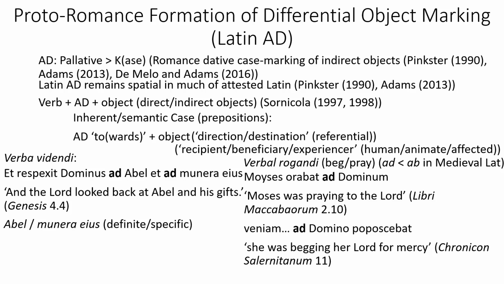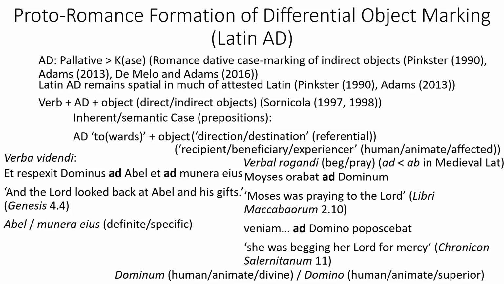In the secular context, such as the Praeconium, ad dominum. But here, we see that the object, dominum, is either human or animate and divine in the religious context. In a secular context, it's human, animate, also superior. It denotes someone who is more powerful than the speaker.